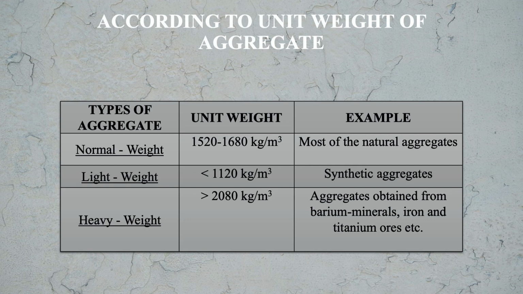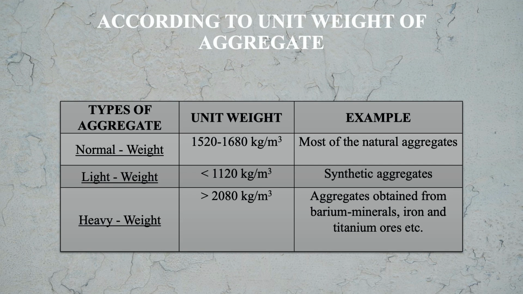For normal weight, the unit weight is 1520 to 1680 kg per meter cube, and most of the natural aggregates basically belong to this category. Lightweight aggregates are those aggregates which are having unit weight less than 1120 kg per meter cube, and synthetic aggregates generally belong to this category of lightweight aggregates.